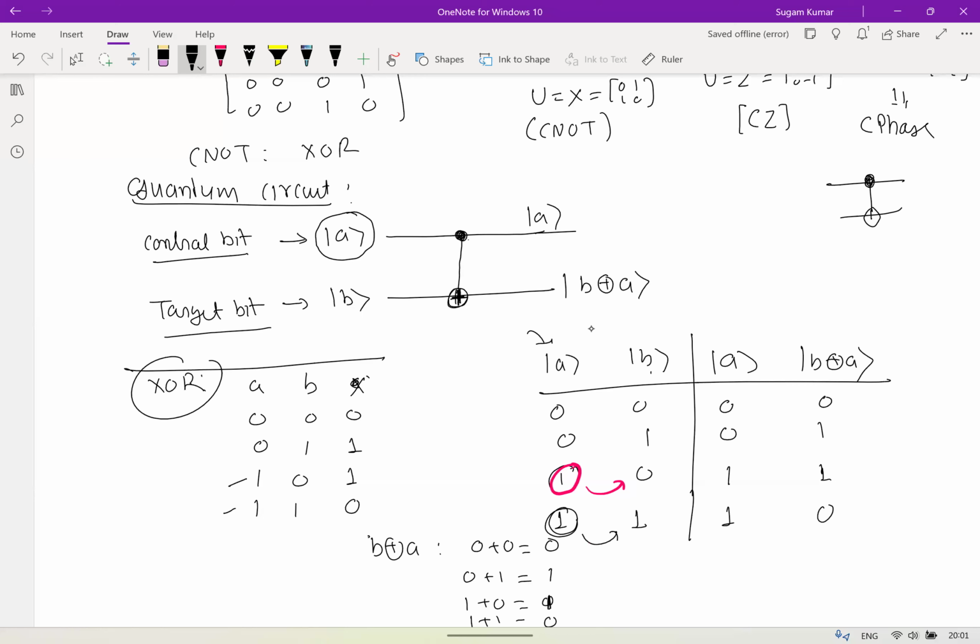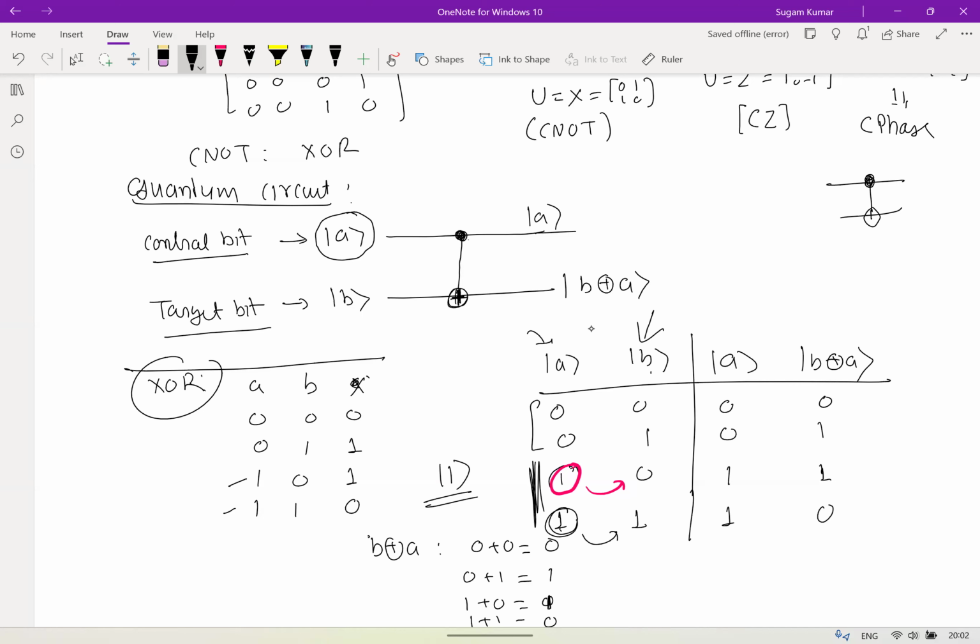And this is what is called the CNOT gate. The CNOT gate is one of the most important 2-qubit gates. And in one line, I can say it is going to flip the second qubit. This is the second qubit, or you can call it the target qubit, only if the first qubit or the control qubit is in the one state.